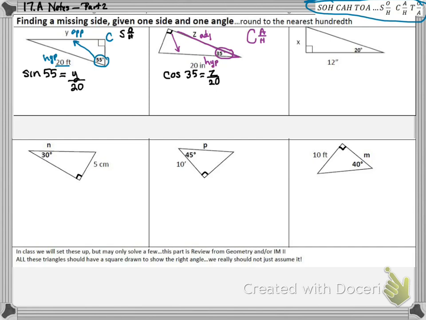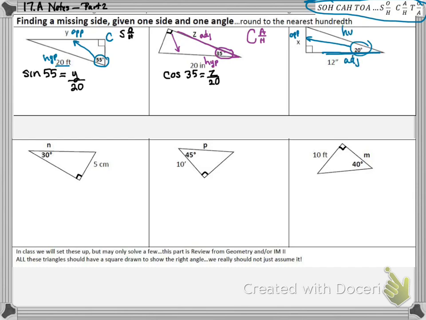Go over to the third one. I know one angle, 20 degrees. I see this one, which is opposite because it doesn't touch it. And then I see the 12-inch one, which touches it but is not the hypotenuse. This is my adjacent.